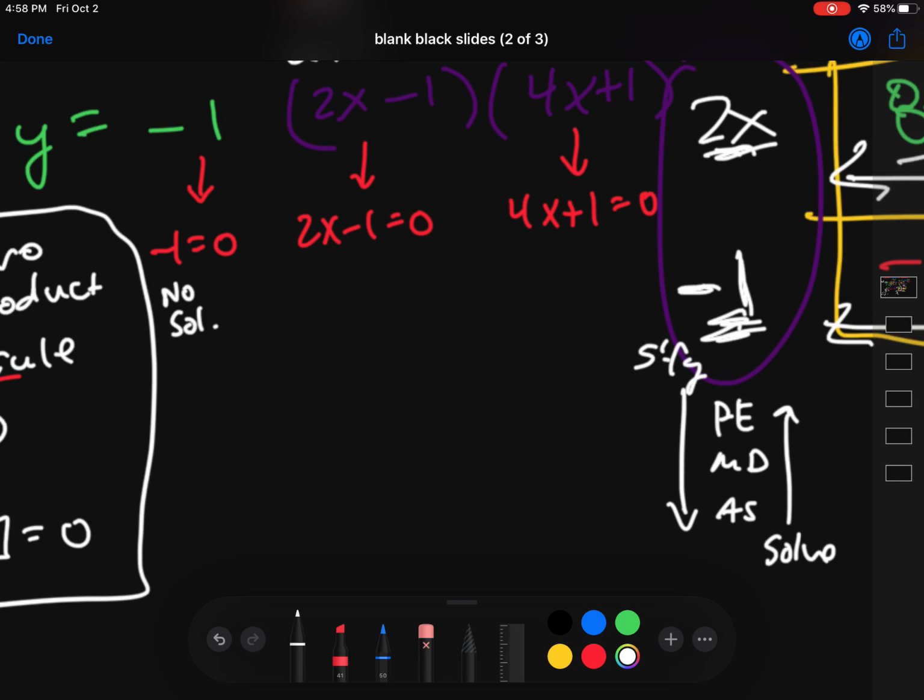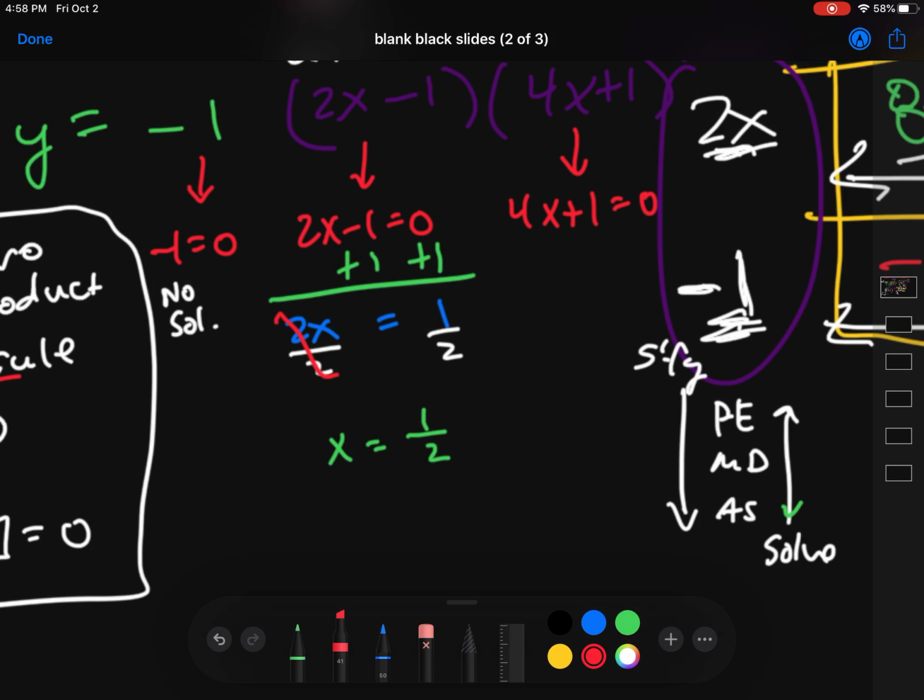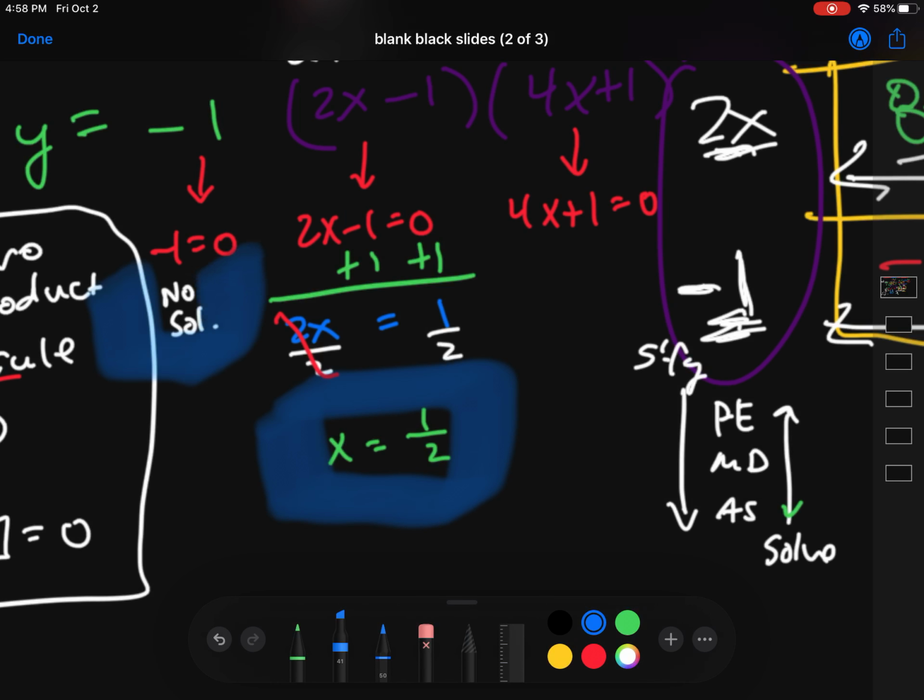So we're going to do addition and subtraction first, okay? So there I am, right? Add 1, add 1. 2x equals 1, and then divide by 2. You will get x equals 1/2, okay? I'm going to highlight this in blue because this is an answer. This is technically an answer.